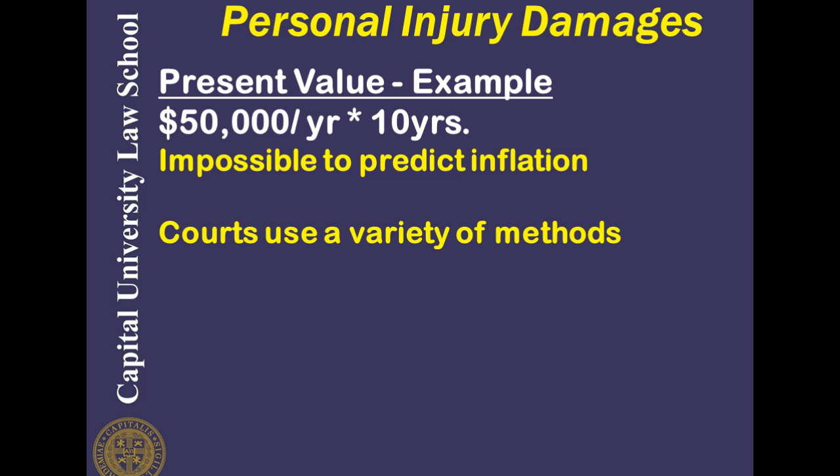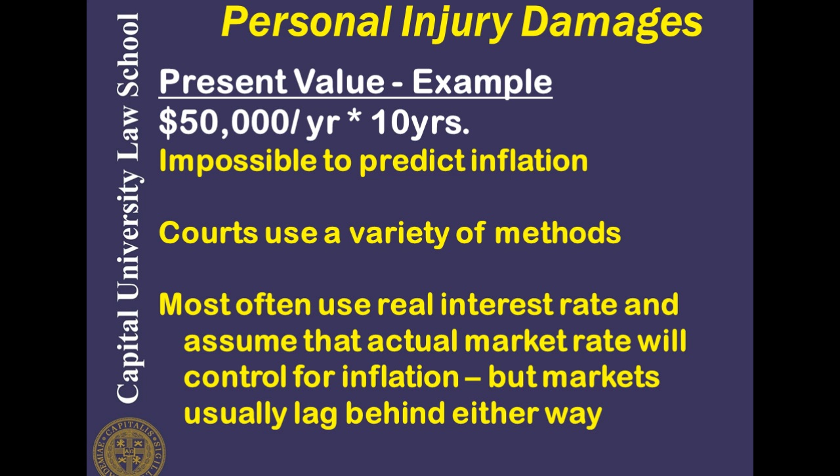As a result, courts have used a variety of methods to predict present value. They will sometimes use the real interest rate and leave it to the market. They will sometimes try and factor in a predicted inflation. The problem with that is that it can be too high, it can be too low.